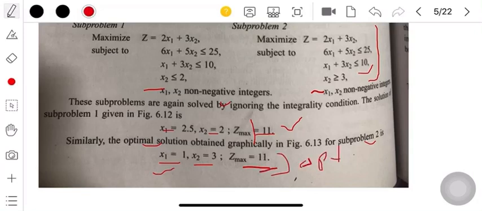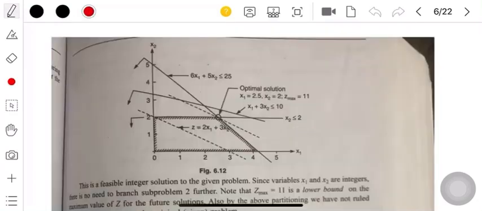But listen, for sub problem 2, what we need to do is check this solution. Because we have already achieved the solution x1 equals 1 and x2 equals 2, z max is 11, and here z max is 11.5, but this solution is not optimal. So this is the most accurate solution.